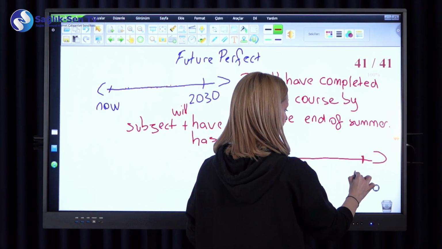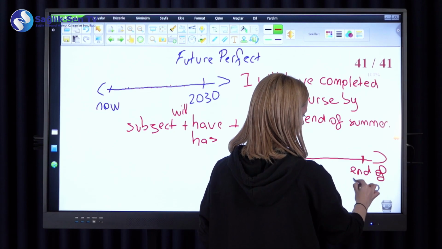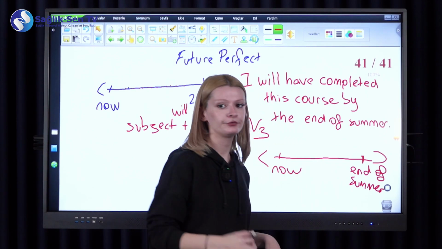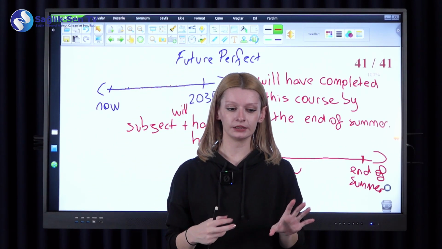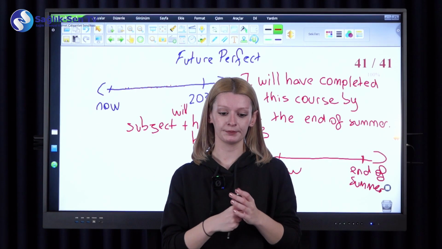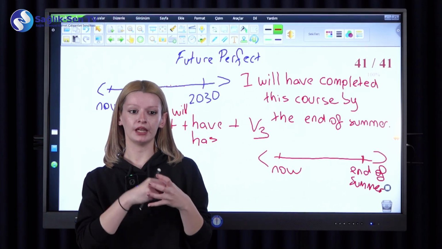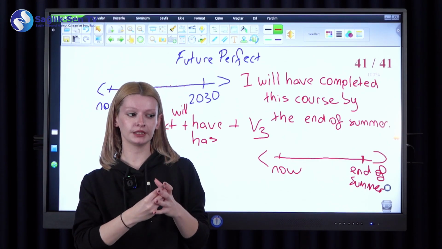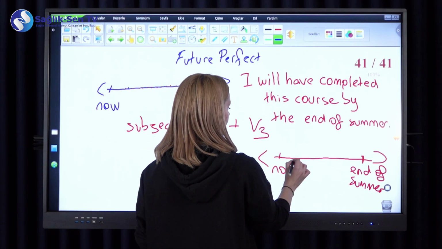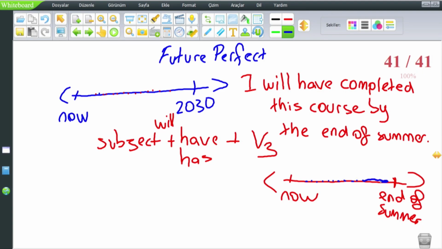This is end of summer. Actually, in future perfect, we don't know exactly when it will be completed, but the important thing is that till the time given it has to be completed. So somewhere around here, I will have completed this course by the end of the summer.